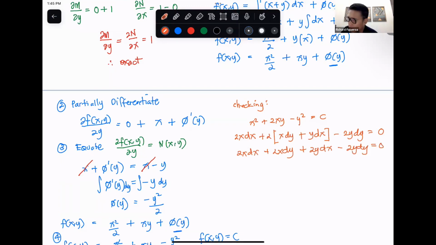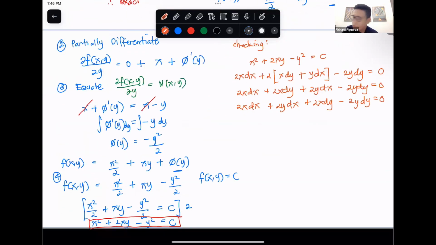So I'm going to group yung dx. 2x dx plus 2y dx. And yung isa naman plus 2x dy minus 2y dy is equals to 0. So pagsama natin yung dx, common ng 2.